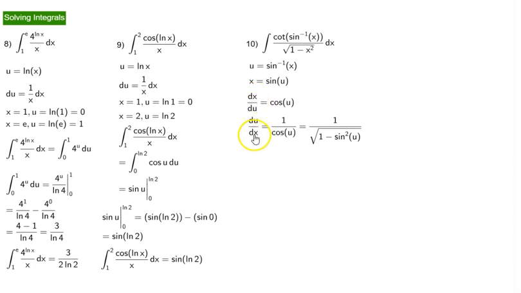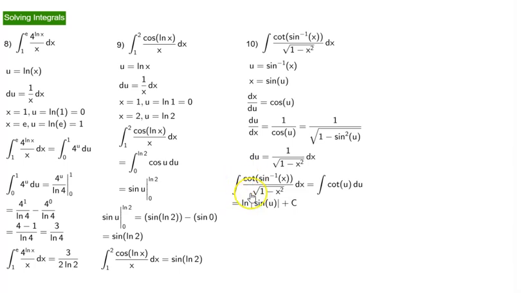Let's take the reciprocal. We get du by dx is equal to 1 by cos u, which is equal to 1 by square root of 1 minus sine square u. Nothing great. This cos u, we have written it in terms of sine. So du is equal to 1 by square root of 1 minus x square dx, because sine square u, sine u is x, so sine square u is x square.